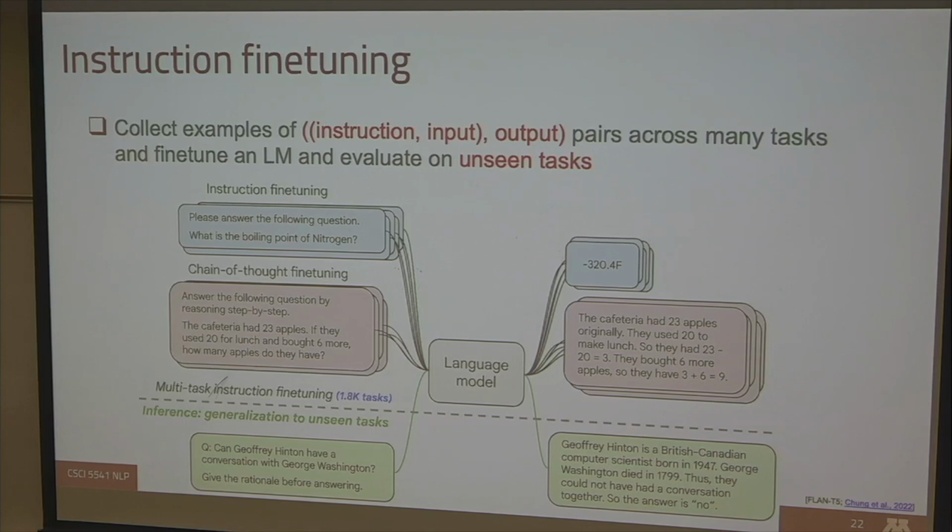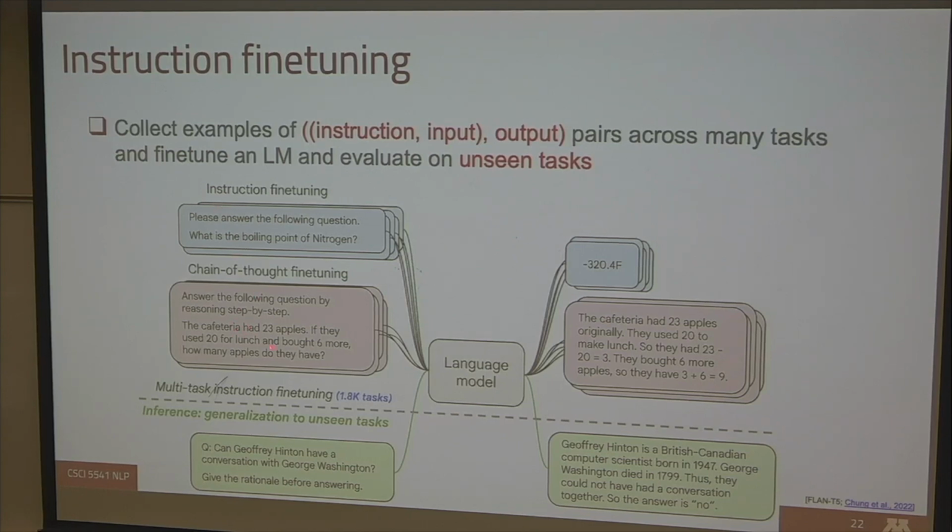So how do we leverage the existing NLP datasets? In step one, we said that humans are recruited to produce these kinds of datasets, but we can also make use of the existing NLP downstream datasets. We could have a dataset that asks for the boiling point of nitrogen. Another dataset can ask the language model to do some arithmetic computations and so on.